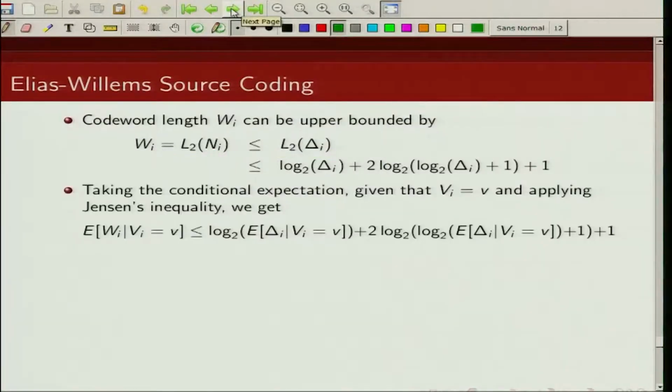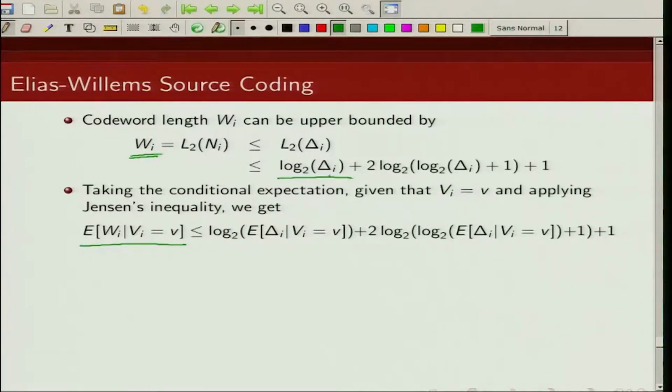Now, we take conditional expectation of Wi given Vi is V and we invoke Jensen's inequality. So, if we take conditional expectation of this on the left hand side, what we will get? Expected value of Wi given Vi is V. So, that is this term.